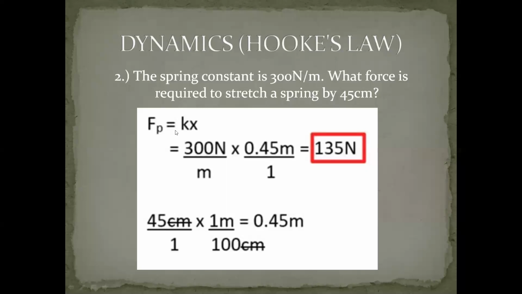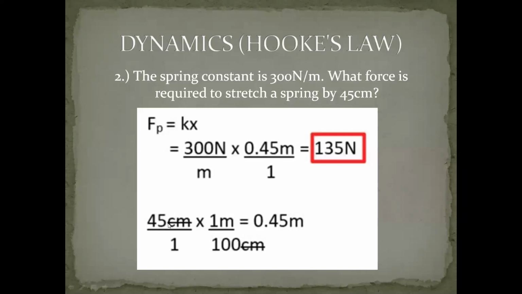So F is equal to kx, wherein our spring constant is 300 newtons per meter, diba? Then yung unit na ginagamit sa Hooke's law is mostly meters, so kailangan natin tong i-convert into meters.